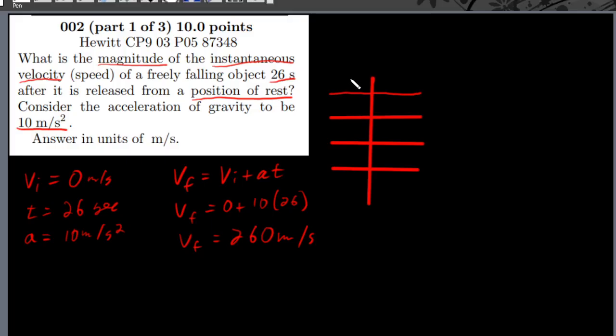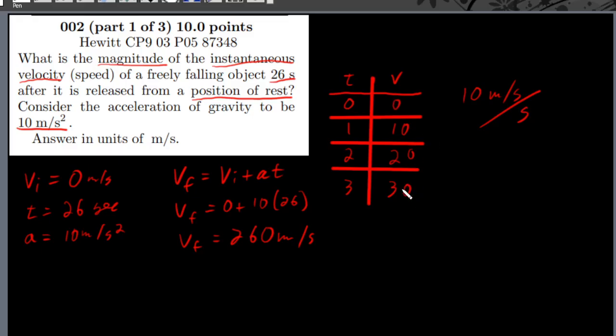The other thing we can do is say, hey, if I have a particular time, what's my speed or what's my velocity? At time 0, my velocity is 0. Now, since it is increasing at 10 meters per second every second, after 1 second, the speed would be 10. After 2 seconds, the speed would be 20. After 3 seconds, the speed would be 30.